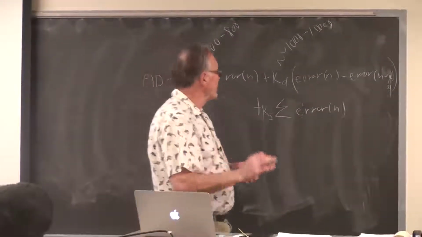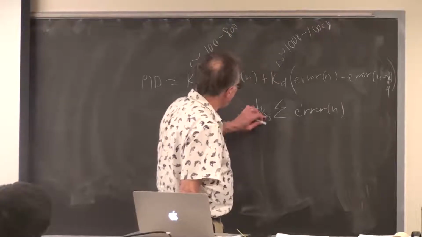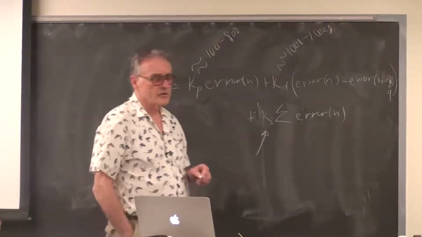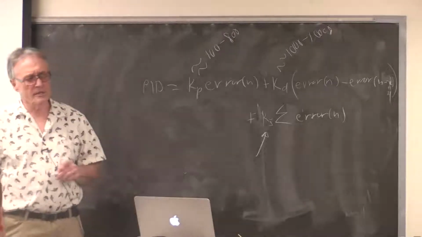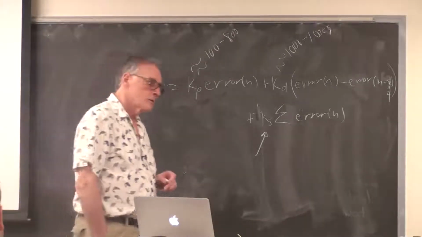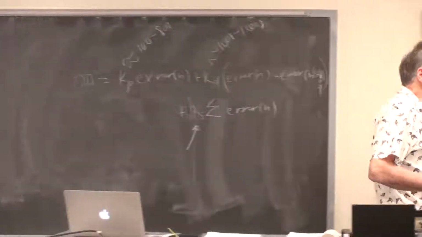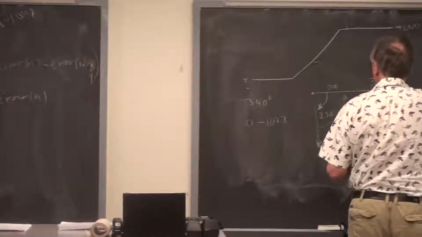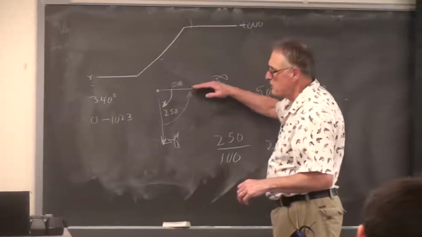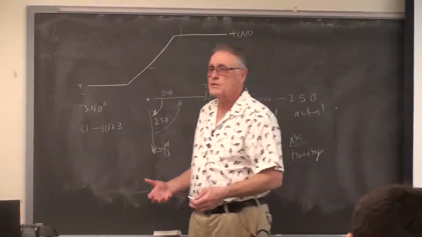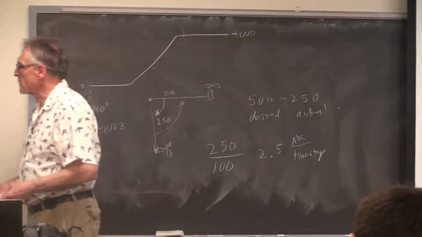Well, not quite, because ki, the lead term on the integral, turns out has to be fairly small, because now you're taking numbers that are up in the 100 region and adding them together for a while. And so you get a fairly large number fairly quickly.